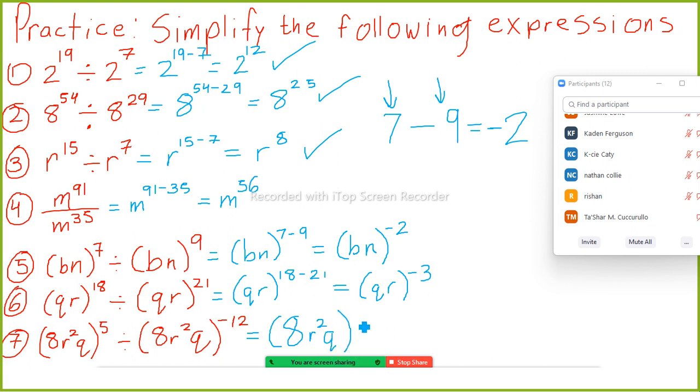Okay. So it's going to be 5 minus negative 12.